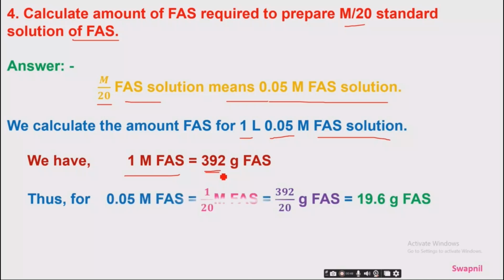Thus for 0.05 molar, that is 1 by 20 molar ferrous ammonium sulfate, we require 392 divided by 20 gram, that is 19.6 gram of ferrous ammonium sulfate. Because to get 0.05 molar we divide 1 by 20, so we also divide 392 by 20 to get the desired amount.